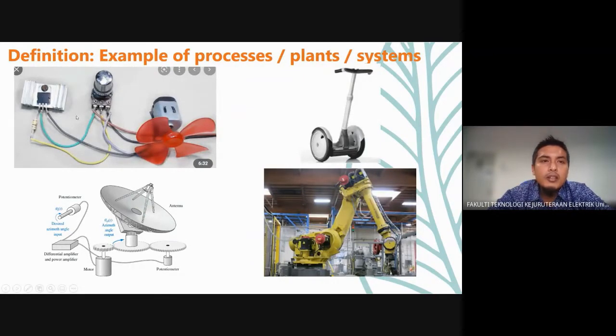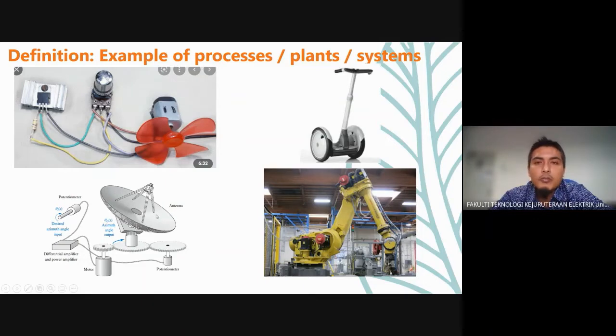Okay. So this is an example of processes, plants, or systems. This is a DC motor to spin the propeller. This is a simple system, and the system can also go to advanced or complex systems such as a robotic arm, such as Segway, such as the antenna controller.